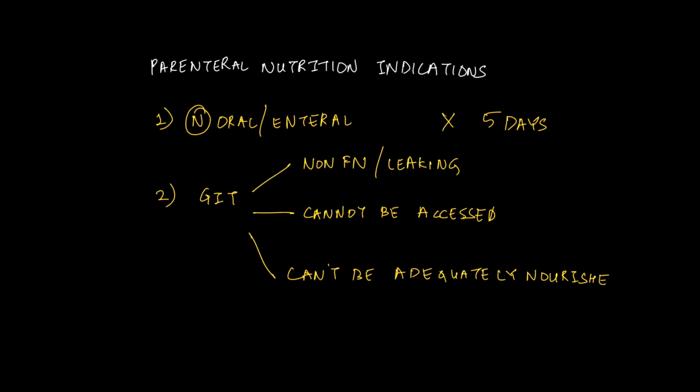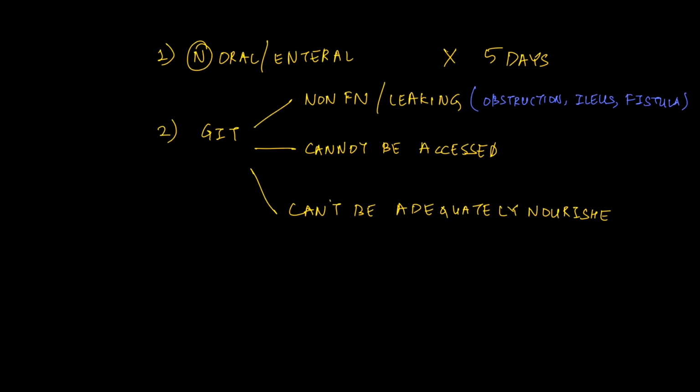So the examples of each one of these: non-functional or leaking could be obstruction, ileus, or a fistula. Cannot be accessed in cases of intractable vomiting where jejunal access cannot be established, and can't be adequately nourished in cases of short bowel or radiation enteritis.